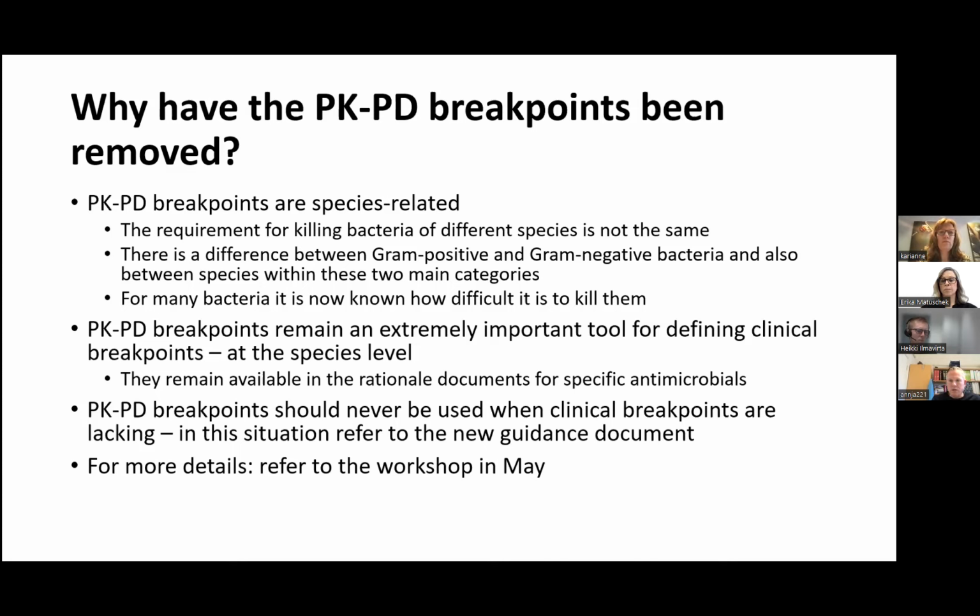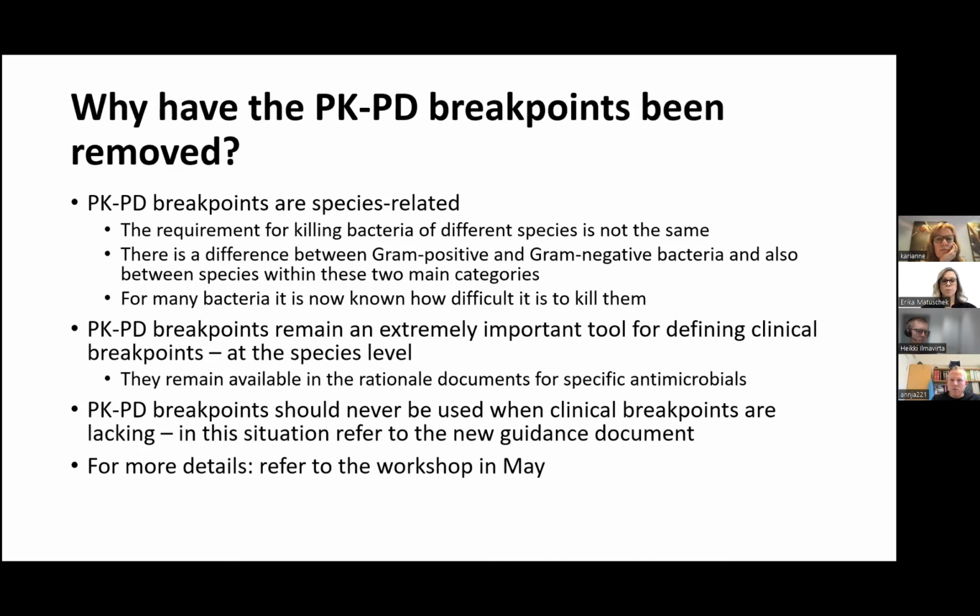So the mechanisms of that are not fully understood, but anyway, you can very easily see, if you set up either an in vitro experiment or an experiment in animals, that killing pneumococcus and killing E. coli or Pseudomonas is not the same. The requirement in terms of coverage of time above MIC, or for some agents, AUC above MIC, is variable between species.